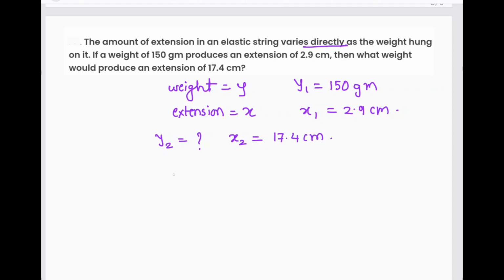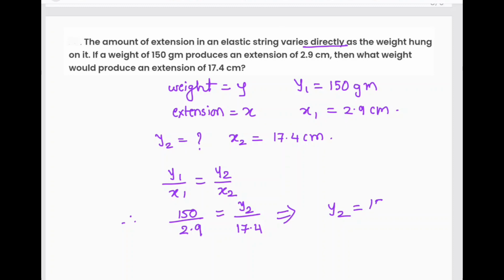So since it is direct variation, what is the formula? y1 upon x1 is equal to y2 upon x2. What is the value of y1? 150 divided by x1 2.9 is equal to y2, we have to find out, and then x2 17.4, which implies, now the decimal point will go and then y2 becomes 150 into 174 divided by 25.